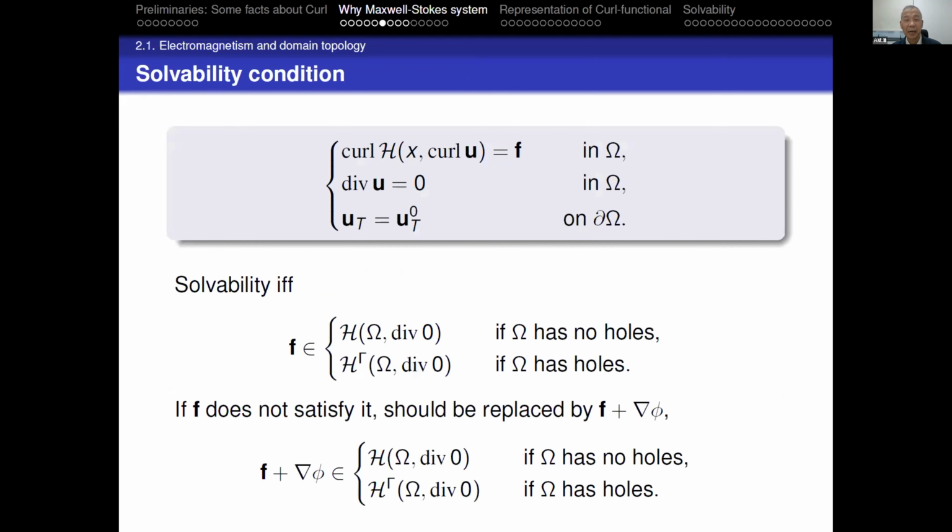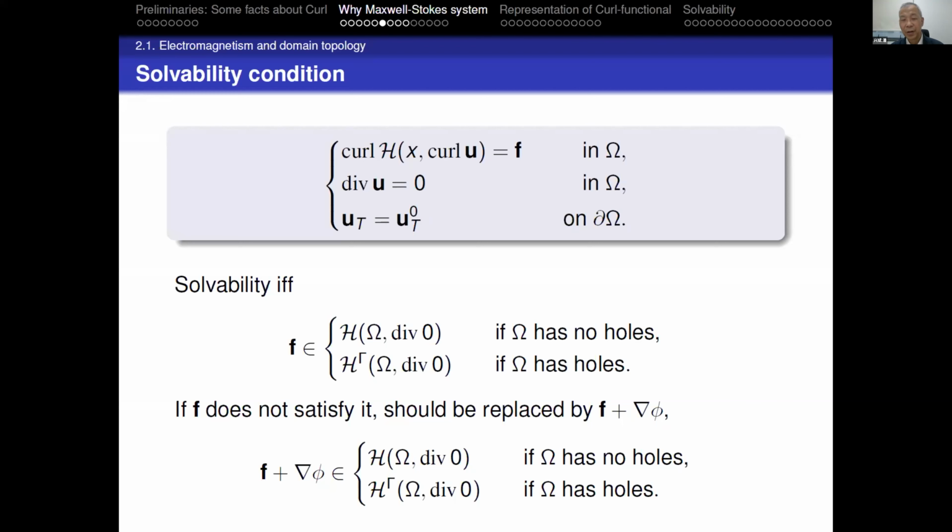Now, you can consider the following problem. Besides this equation, you also assume that the divergence of U equals 0 in the domain, and you give the Dirichlet boundary condition, assigning the tangential component of U. And this equation is solvable if and only if the right side F belongs to the image of curl, of course, with some reasonable condition on the nonlinear vector valued function H. If Omega has no holes, then you only need to assume that F has divergence 0.